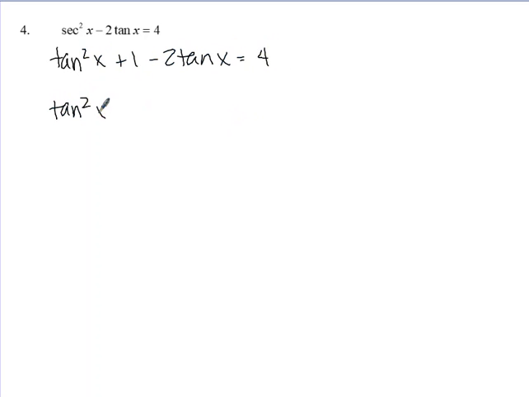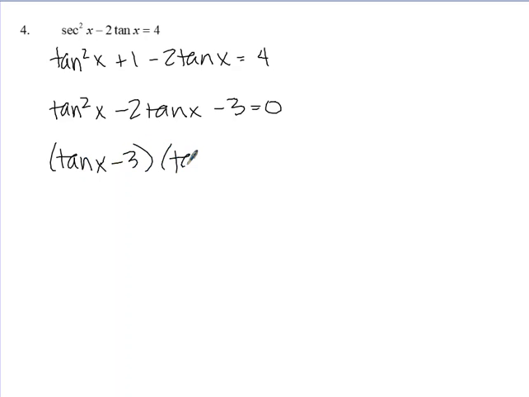So I have tangent squared of x minus 2 tangent of x minus 3 equals 0. Then I need to factor. So I have tangent of x minus 3 times tangent of x plus 1 equals 0. So tangent of x equals 3, tangent of x equals negative 1.